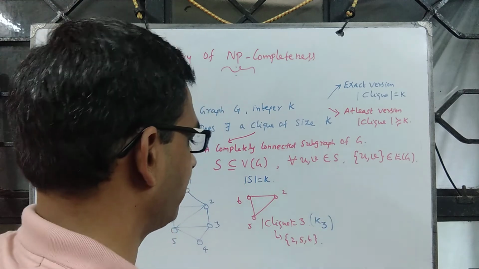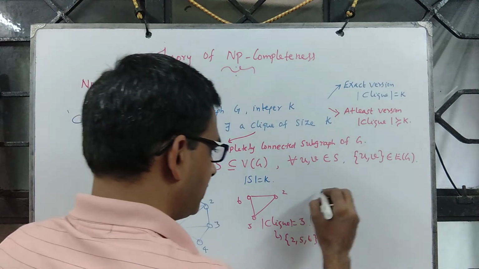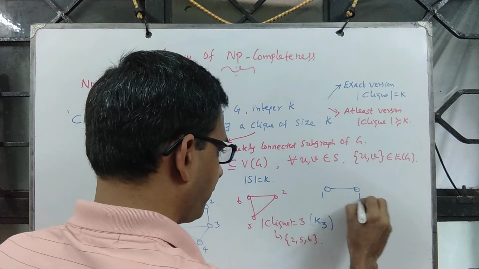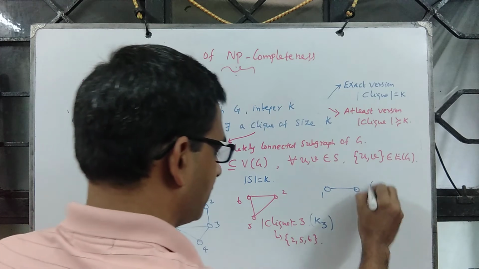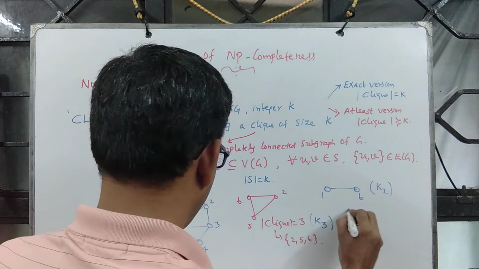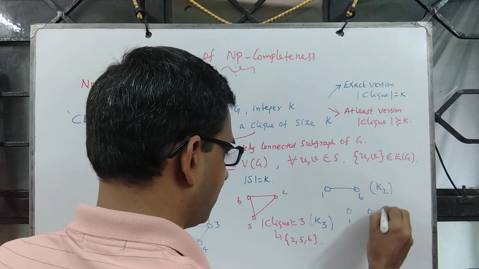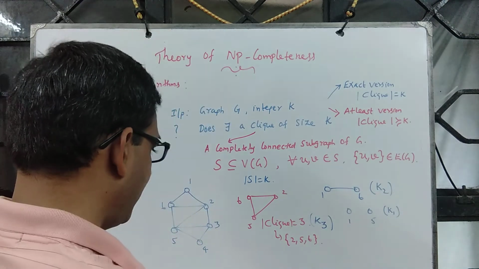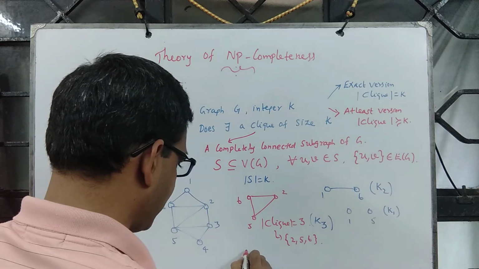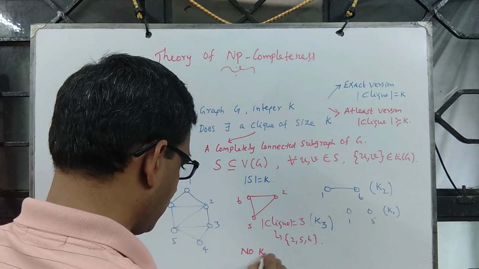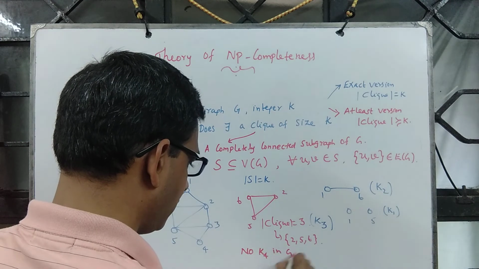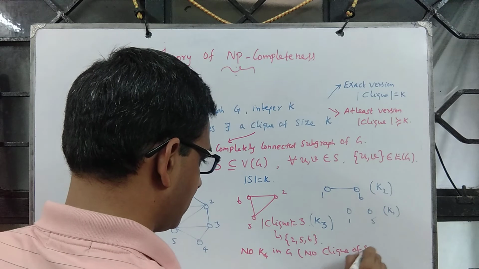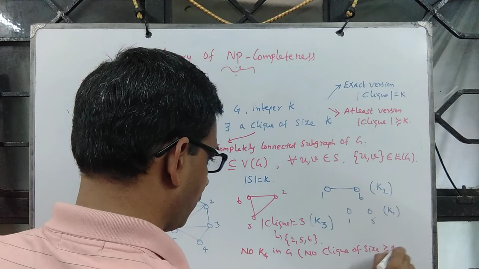This is the notation we follow. And this graph has cliques of size 2, and each vertex is a clique of size 1, something like 1, 5. They are all cliques of size 1. And this graph does not have a clique of size 4. There is no K4 in G, no clique of size at least 4.